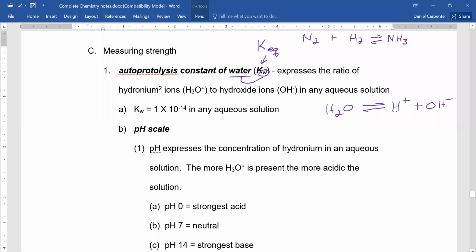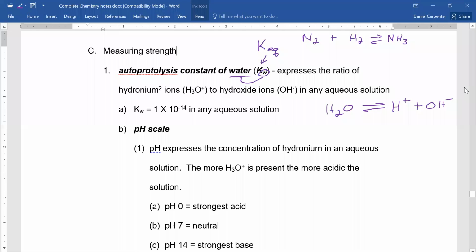H plus is acid and OH minus is base according to the Arrhenius definition. Remember, acids start with H, bases end with OH. So water is actually literally an acid and a base at the same time. So it neutralizes itself, and that is why water is the definition of neutral.